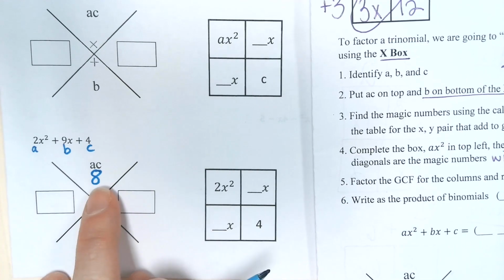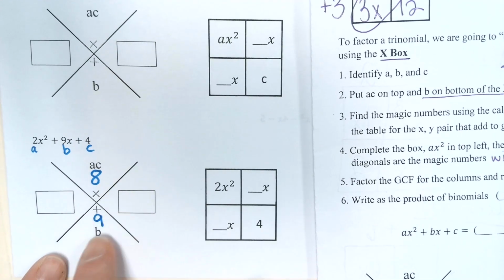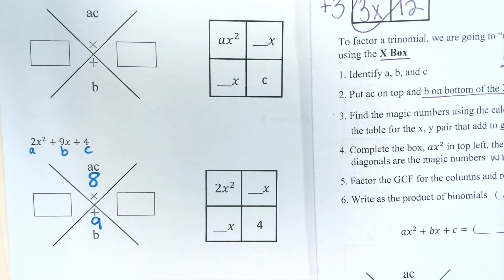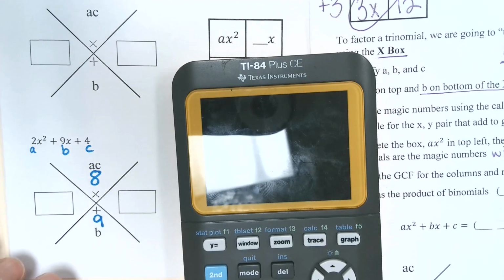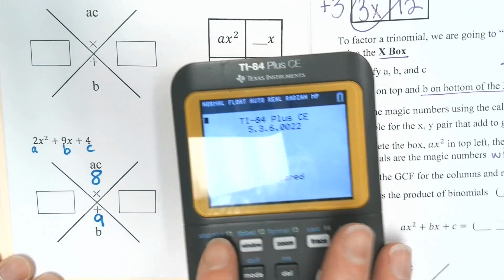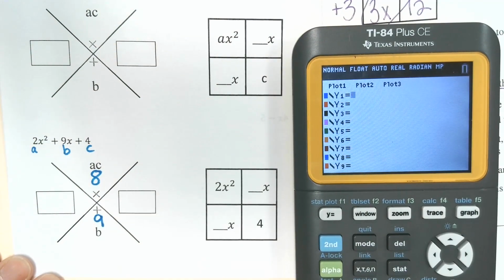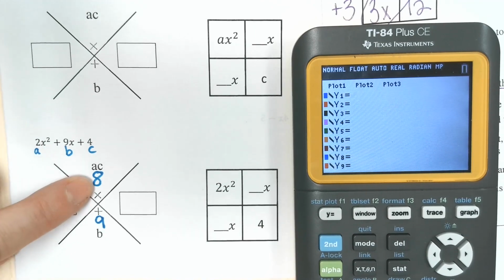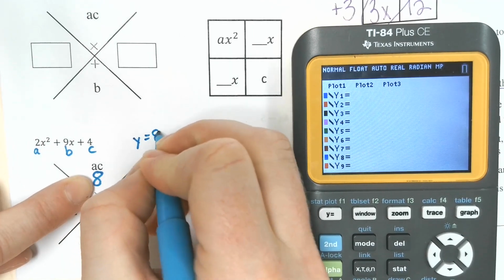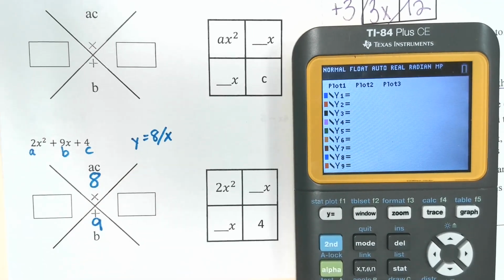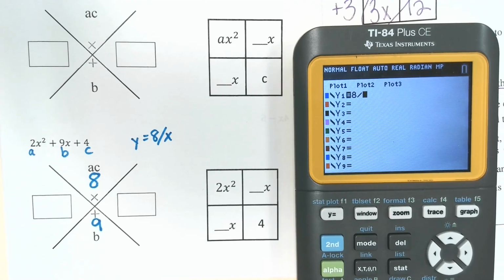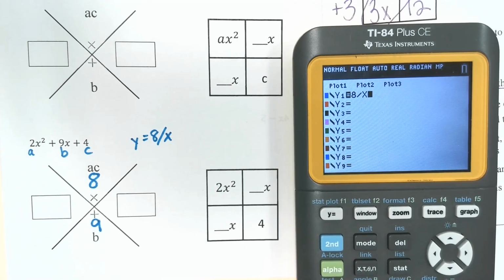So we're looking at what multiplies to get 8 but adds to get 9. So you can look at your multiplication chart and look at how you can get 8. Or you can do like we did yesterday, where we went to y equals, and we do this number divided by x and look at our factors. Go to y equals, put in 8 divided by x.